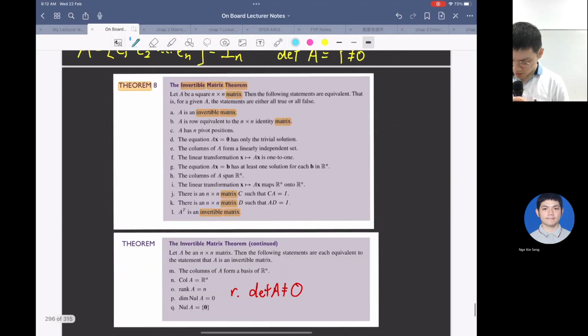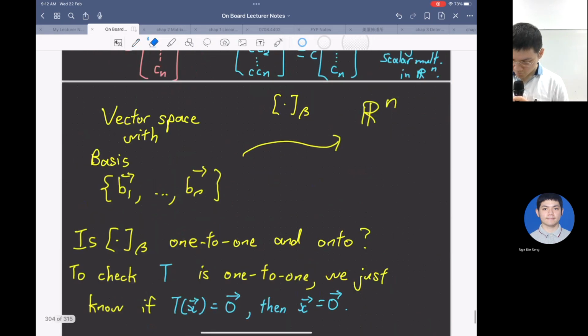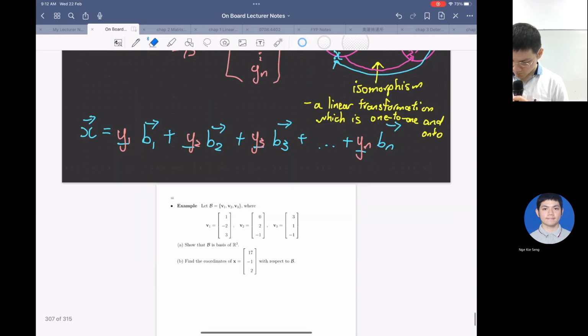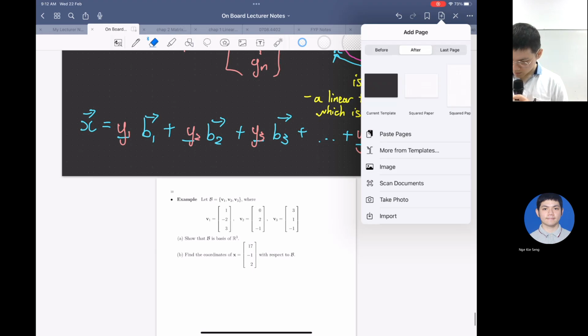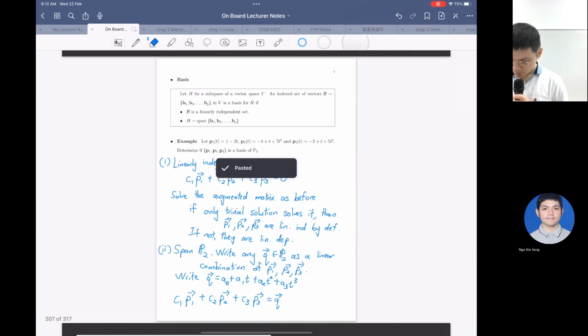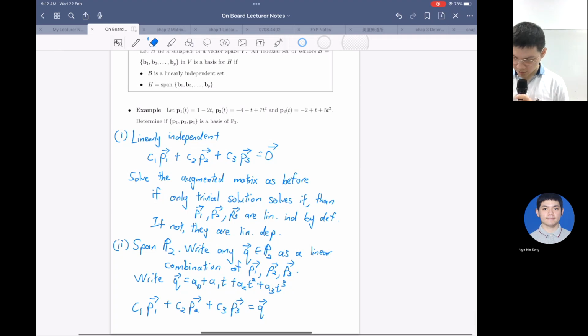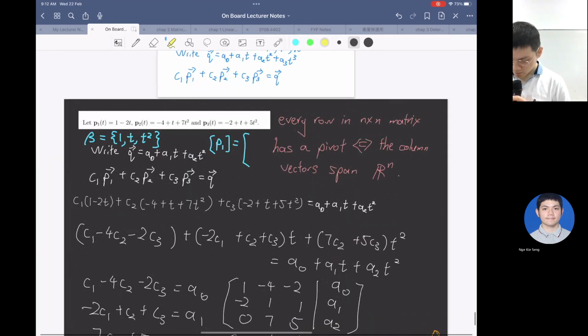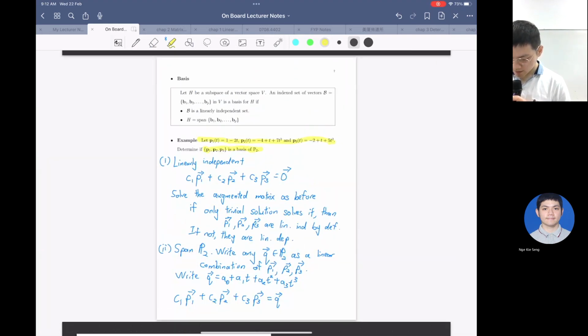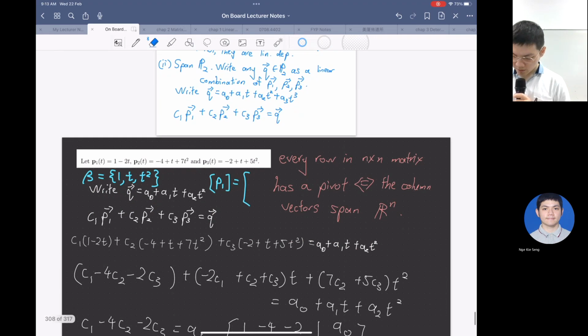Let's redo the question from yesterday. We have three polynomials and we want to determine whether these three are a basis of P2. Just now we realized there's a connection between P2 and R^3.